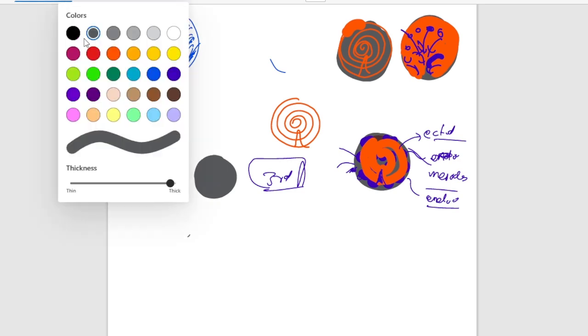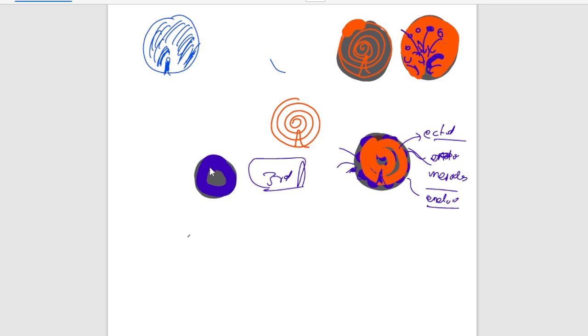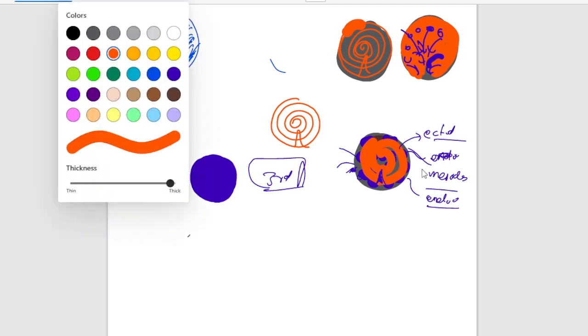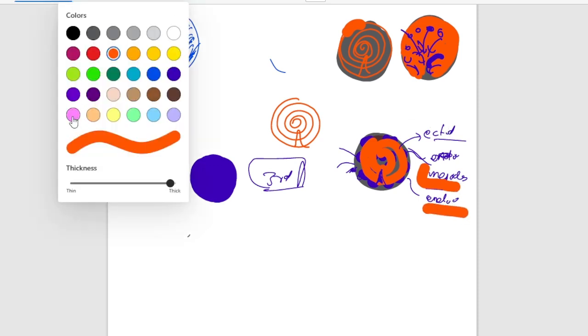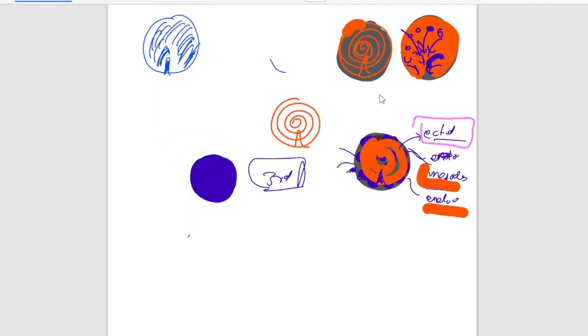In the third week it becomes replaced by this cell. So the mesoderm and the endoderm derive from the ectoderm. You have to know that mesoderm and endoderm derive from this place.